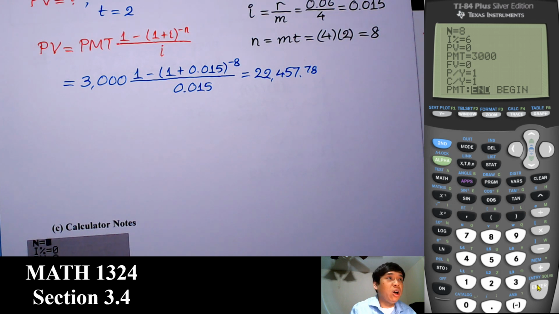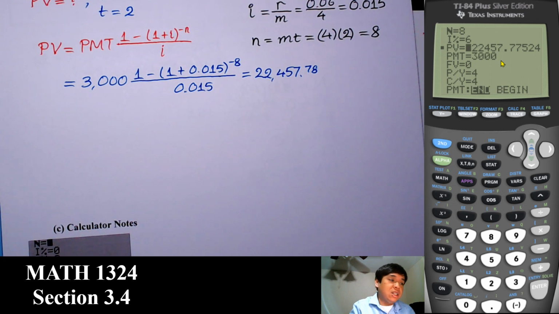Future value, we will not have anything. Compounded 4 times a year. Now we solve for the present value, and this is negative, which means we have to deposit that out of our pocket, so that's why it is negative. Positive 3,000 means that we receive the payments.